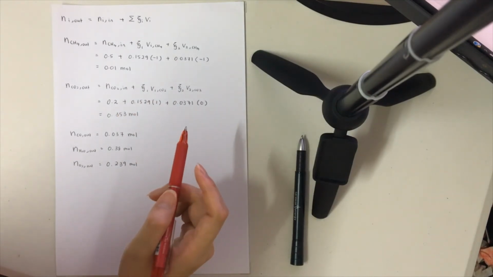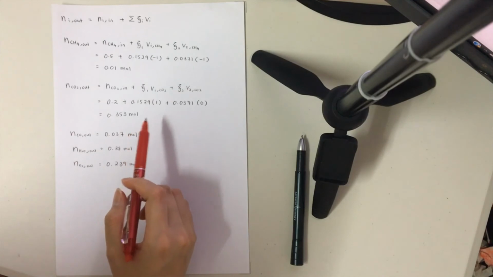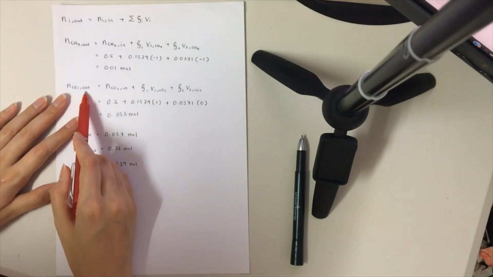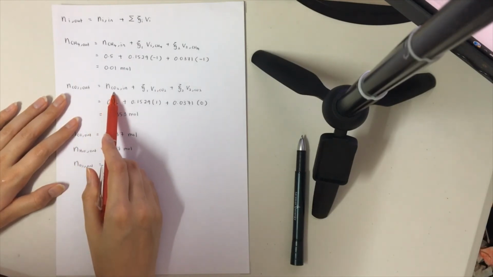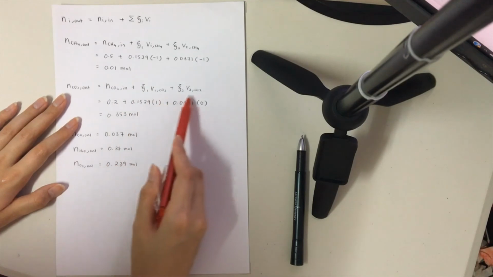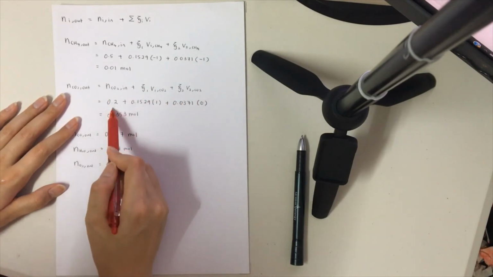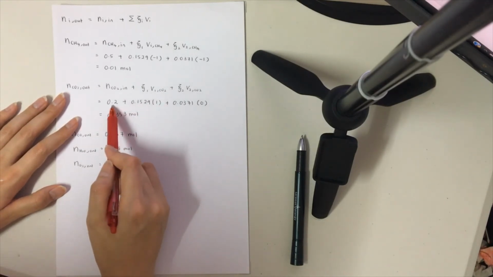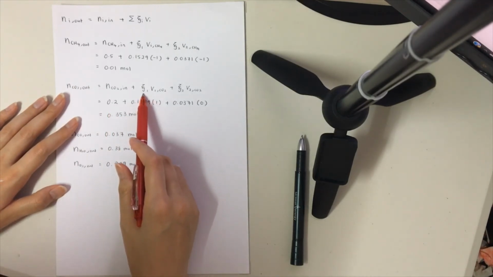Let's look at an example where the compound is not in another reaction. For example, the number of moles of CO2 coming out is equal to the number of moles of CO2 going in plus the same formula. So this one is 0.2. We were given the mole percent, and this one is extent of reaction number 1.